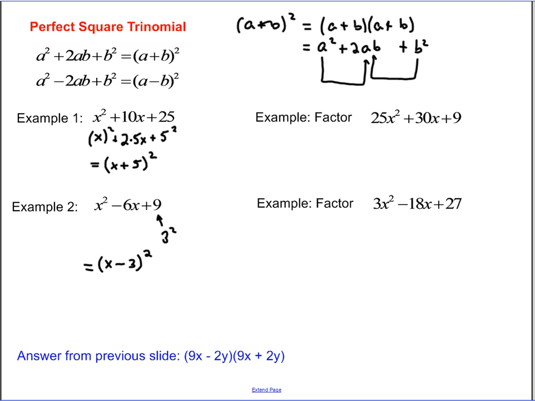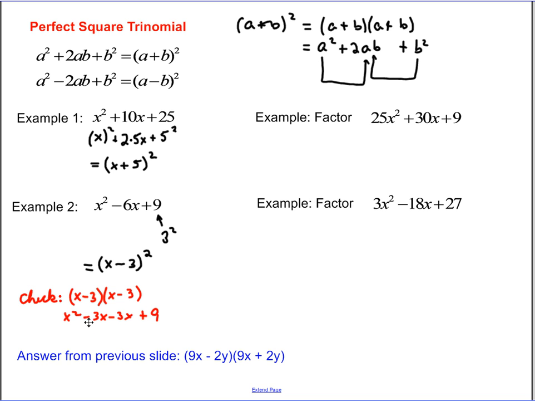Now, as you know, you should be able to check all of these things. And if you were to check by multiplication, you would certainly see that if we took x minus 3 and multiplied it by itself, by the FOIL method, we'd be getting the square of x, negative 3x as our outer terms, negative 3x as our inner terms, and plus 9 as our end term.